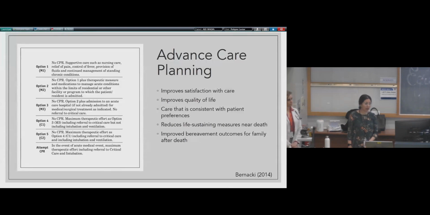They feel improved quality of life, and they feel that the care that they're getting is more consistent with their preferences. And it's also shown to reduce life-sustaining measures near death and improve bereavement outcomes for family after death, when death does arise.